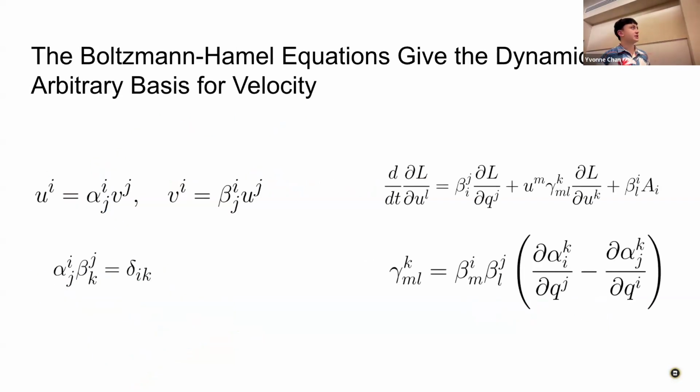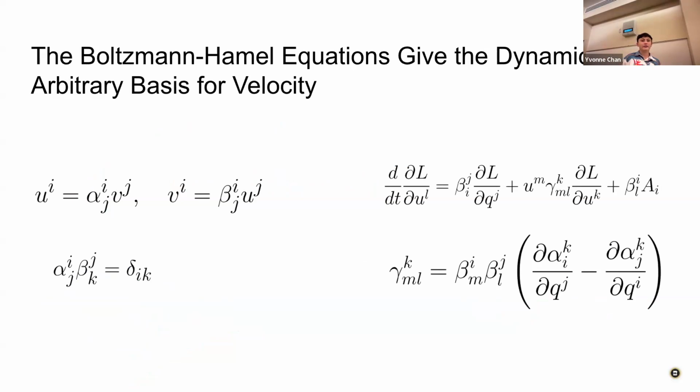The Boltzmann-Hamel equations give the dynamics for something called an arbitrary basis for velocity. And so the usage of this is when we have constraints in a system, we might want to use a different system of coordinates. And one way of doing this is by using something called quasi-velocities, which are linear combinations of true velocities that don't necessarily correspond to the rate of change of an actual coordinate.